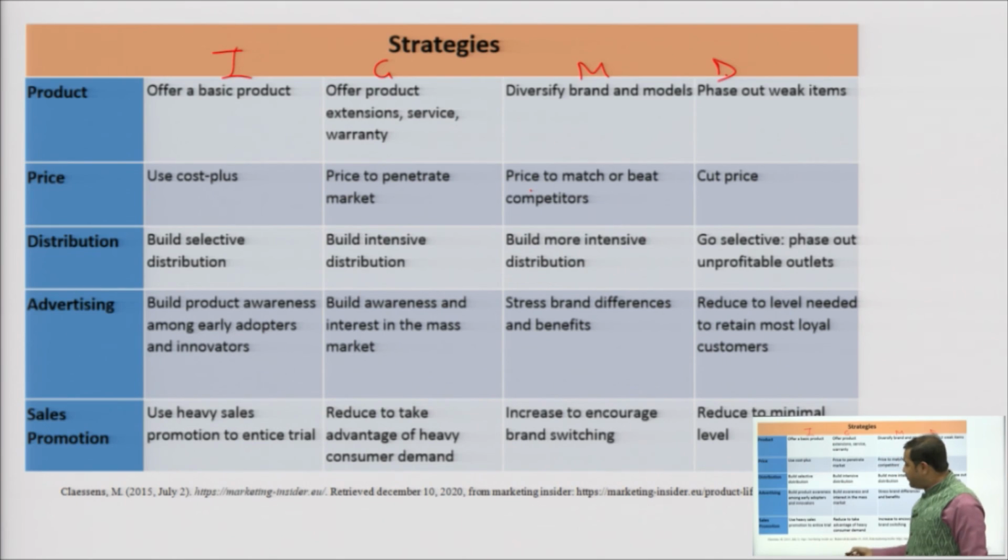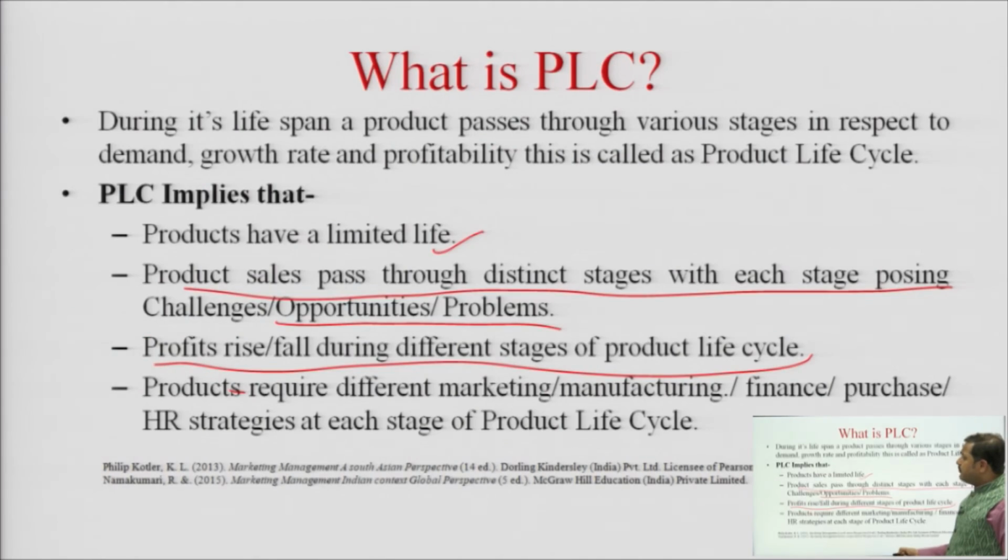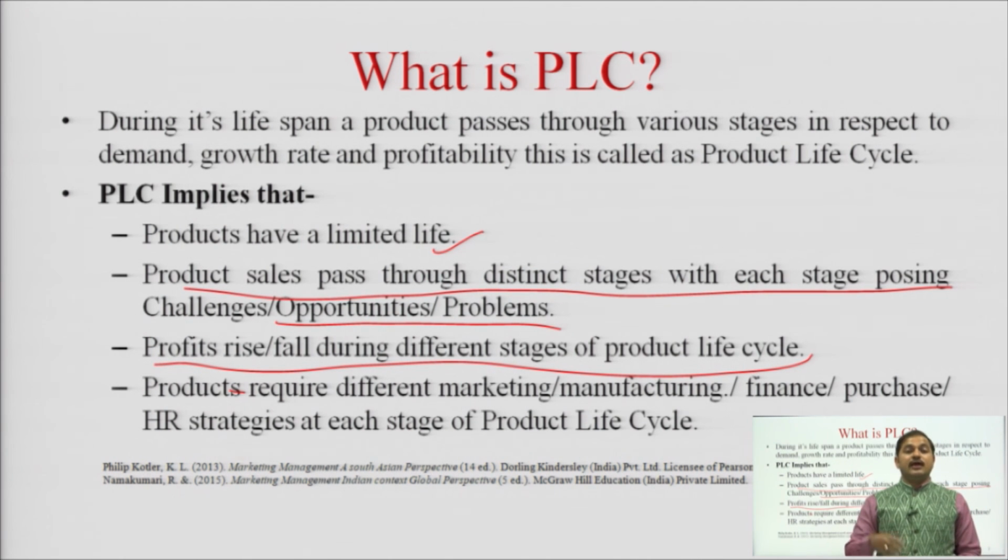And I can take you back to the first slide, which said that product sales pass through distinct stages, with each stage posing different kinds of challenges and opportunities. So every stage gives you a lot of challenges, like a new competitor has popped up, a new entrant, new variations from the competitor have come in.